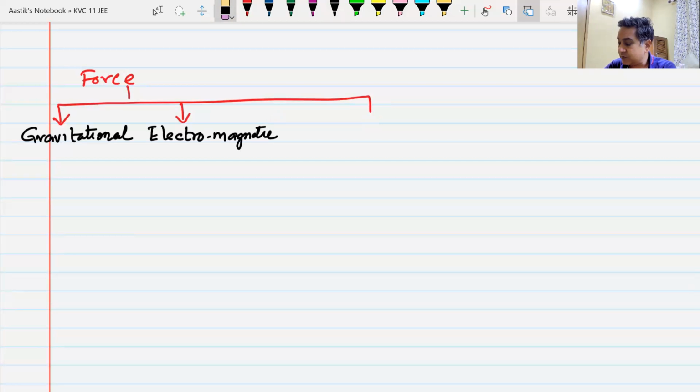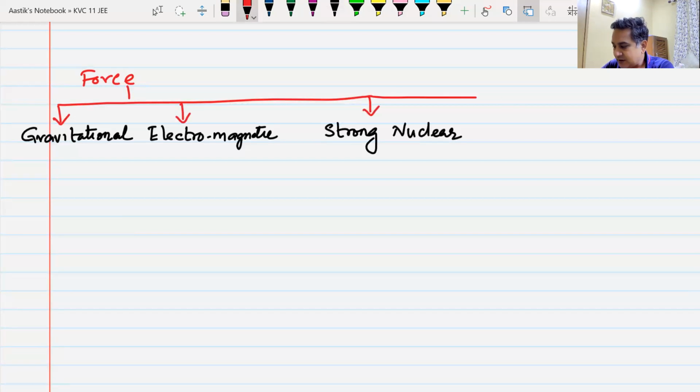Electromagnetic force. The third type of force is? Strong nuclear force. And then the fourth type of force is weak nuclear force.